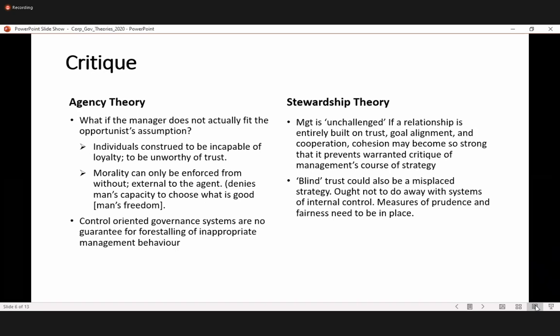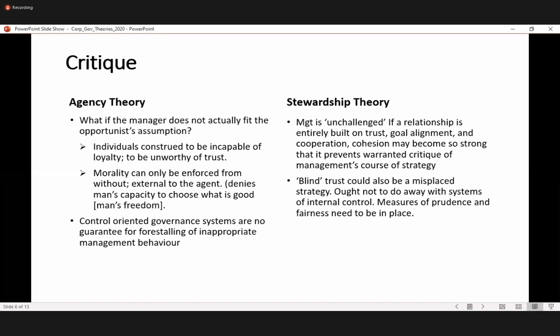So we can say, what happens if that description of the agent as not capable of, not worthy of trust does not actually fit him, no, that opportunist assumption, that he is not actually an opportunist, so we are not giving him that opportunity to prove himself. So essentially the manager or the agent is construed to be incapable of loyalty, to be unworthy of trust.